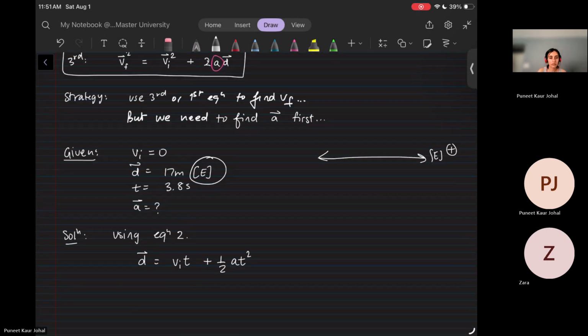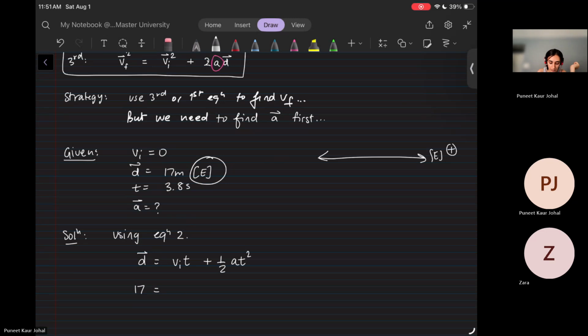My default direction is east, is positive. Because again, I don't need direction for time. Initial velocity is just 0, right? So it doesn't really matter because it's not really moving initially. So displacement, that's why this is going to be a positive number here, 17. I'm going to just by default take it as a positive direction.